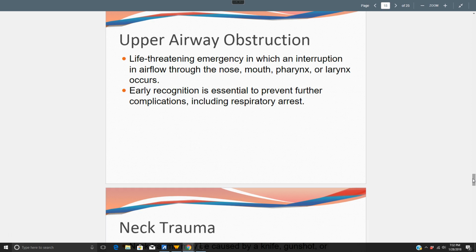Stroke and cerebral edema, where you have the neural aspect of breathing kind of involved. Smoke inhalation, edema, facial trauma or laryngeal trauma, foreign body aspiration, burns, because burns we know cause a lot of edema, and anaphylaxis.